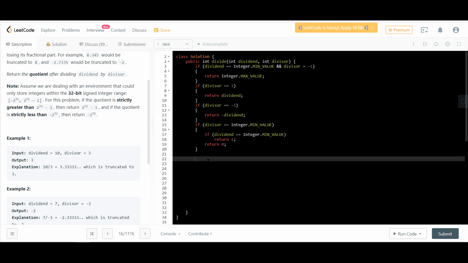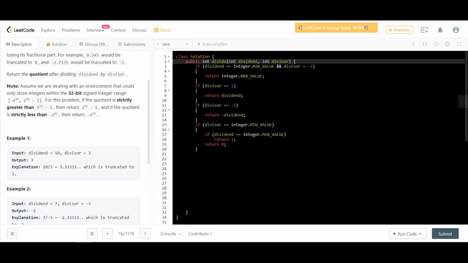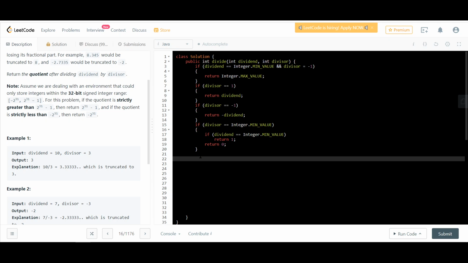Now what I was saying is, let's only deal with positives. So make both dividend and divisor positive, compute the quotient, and then we can add the sign later on. To do that, let's first figure out what the sign would be. Let's keep track of sign by saying, is the answer positive?